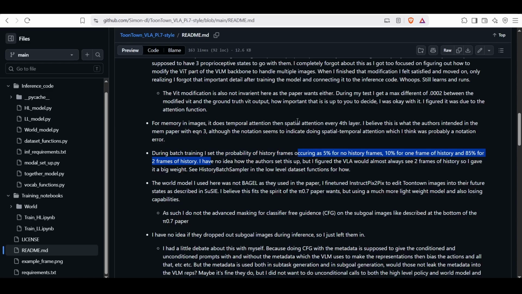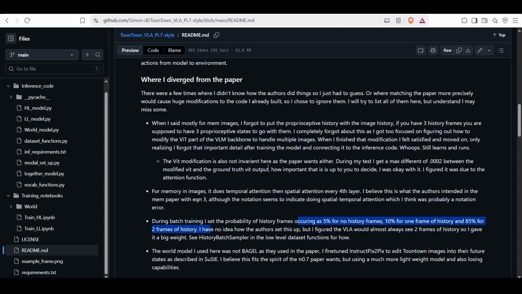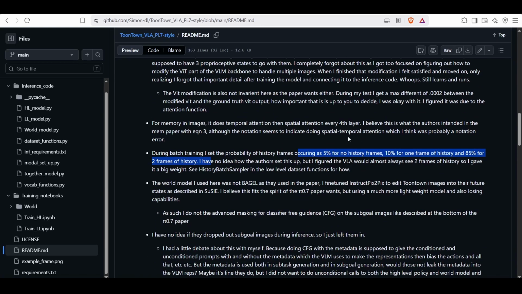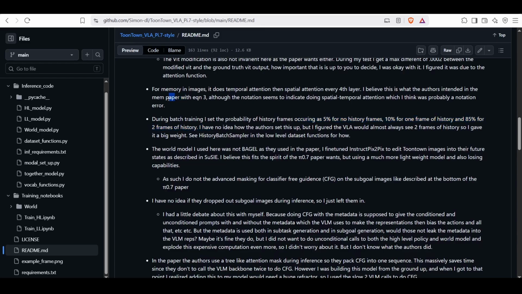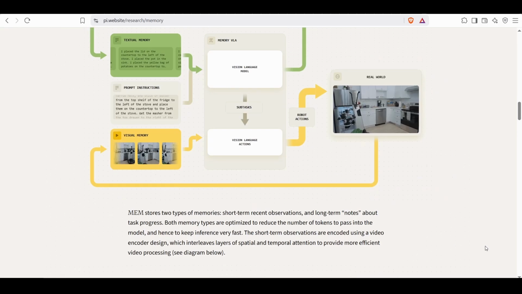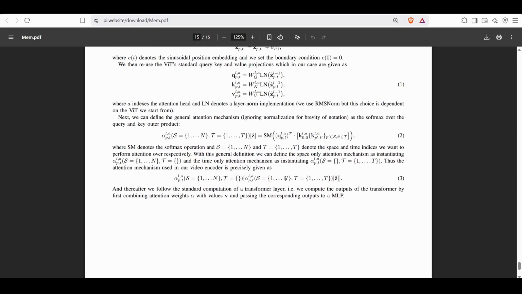Did they even do that? And especially there's one for memory, where in the memory paper they had this equation, equation 3, and here I'll pull it up. So this is what I was talking about with the temporal and then spatial attention.